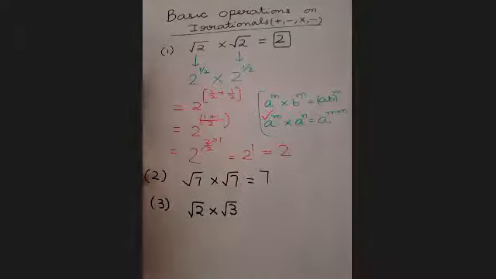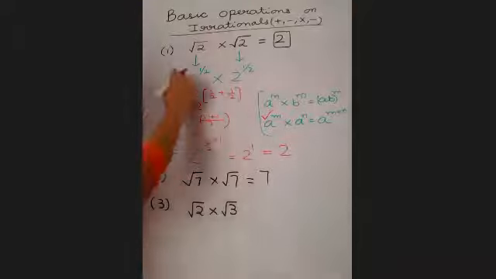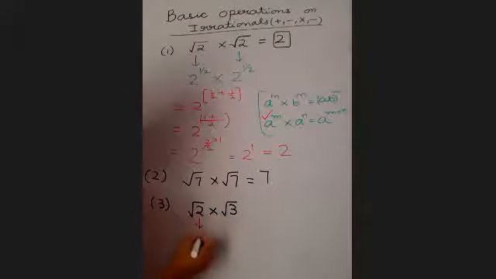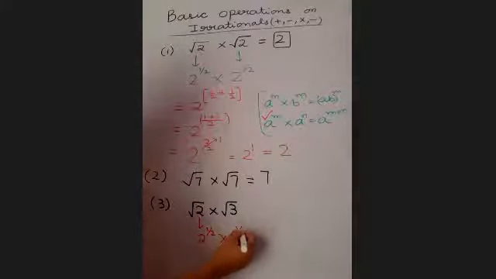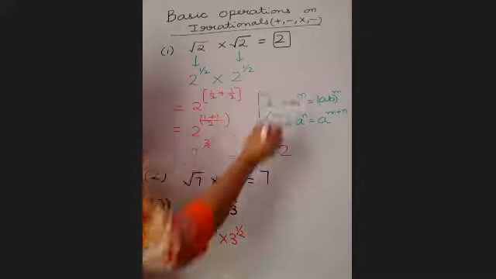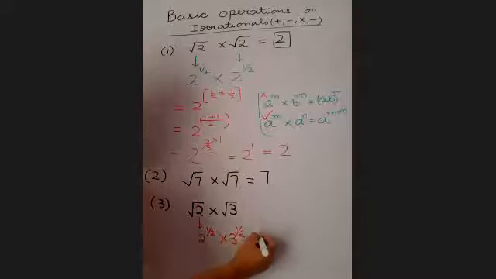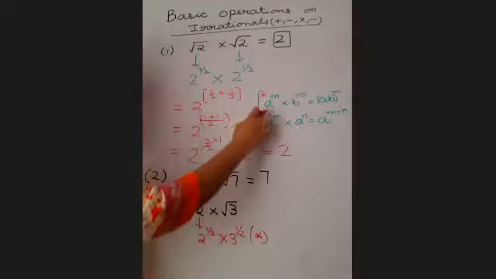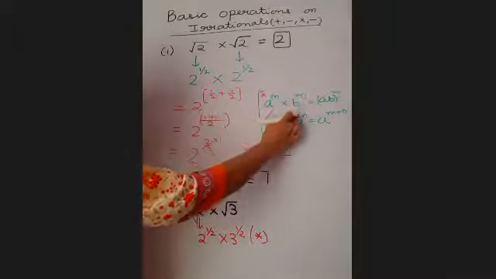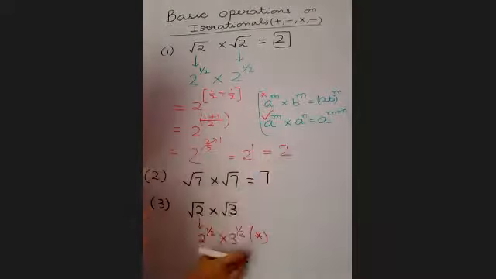Let me just explain it to you using the laws. This means 2 raised to the power half into 3 raised to the power half. So this law I am applying here: a raised to the power m into b raised to the power m is equal to ab raised to the power m.